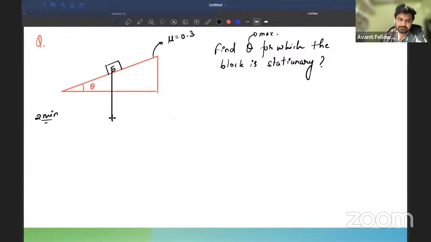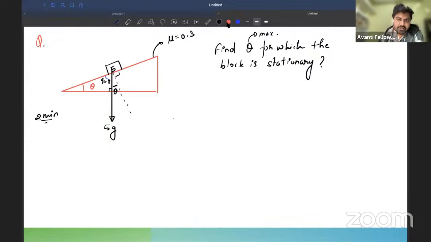mg will be acting downwards, that is 5g. Okay, and this angle will be how much? This angle will be 90 minus theta, because this is 90 and that is theta, so this is 90 minus theta. If this is 90 minus theta and this dotted line is perpendicular to the inclined plane, then this will be theta.